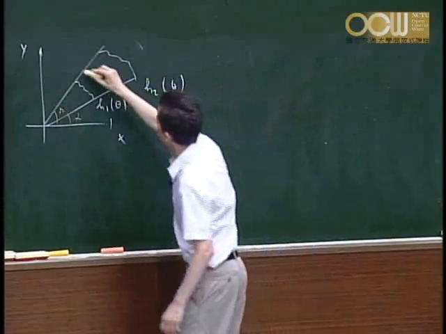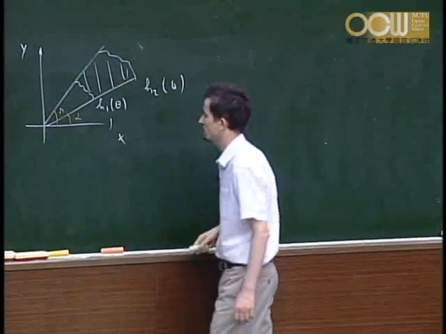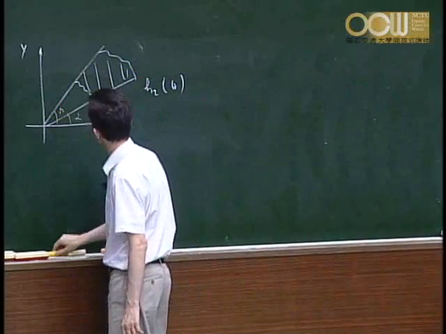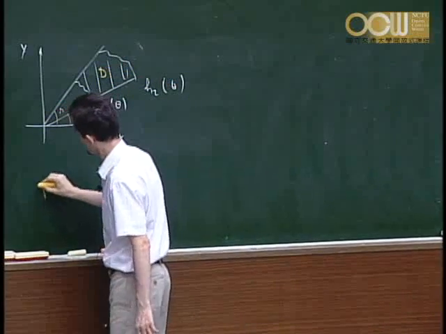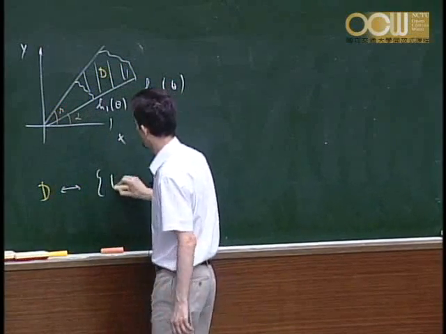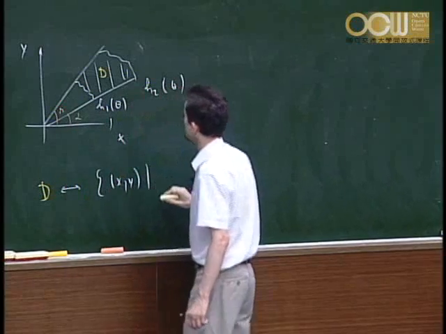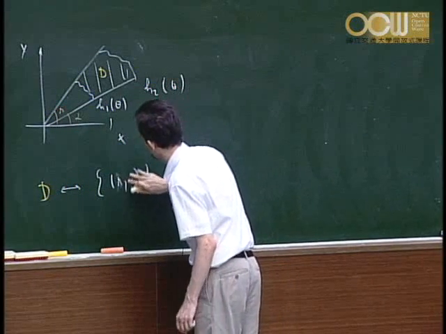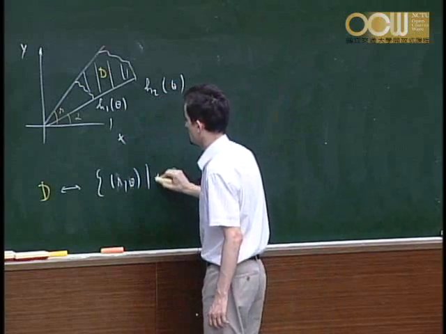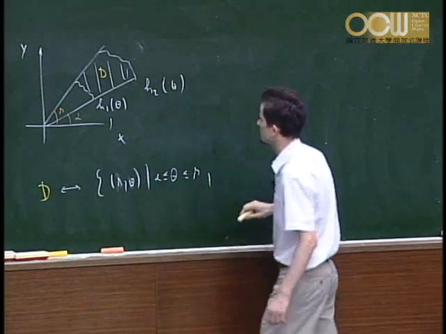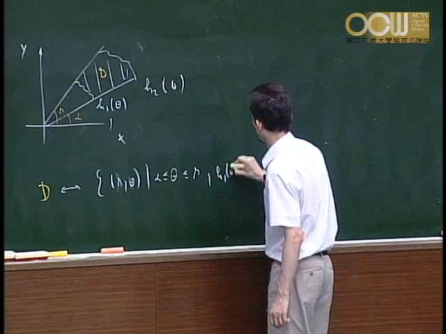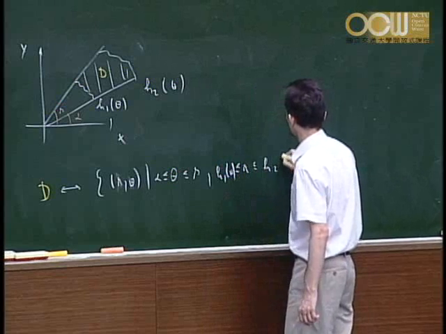If you have such a general region, given in polar coordinates, this is the region D, and D in polar coordinates is given by the set of all x, y, r, theta such that theta is between alpha and beta, and once you fix theta, r is between h1 of theta and h2 of theta.